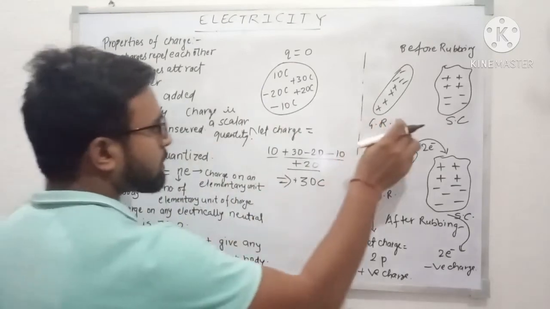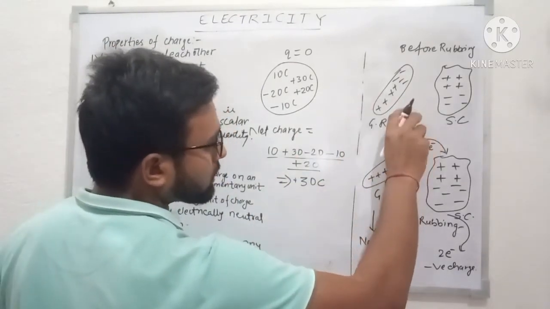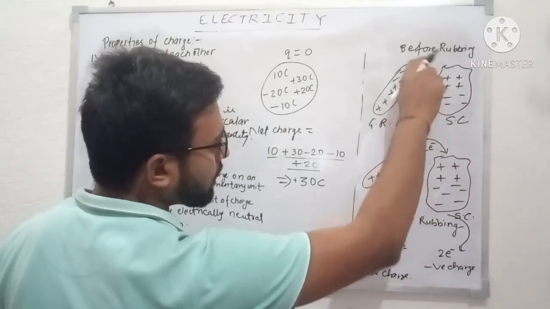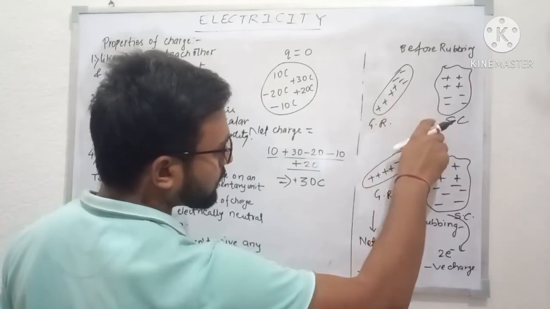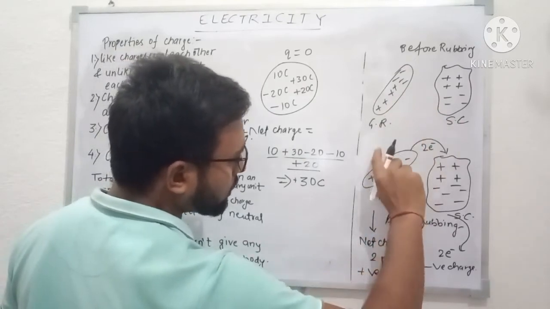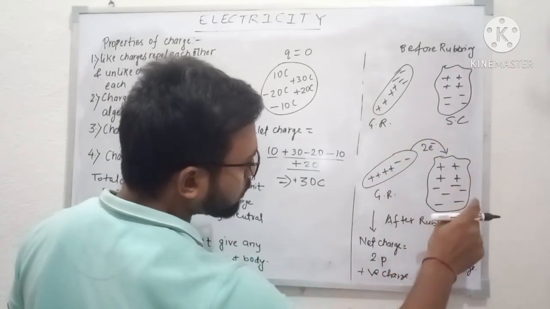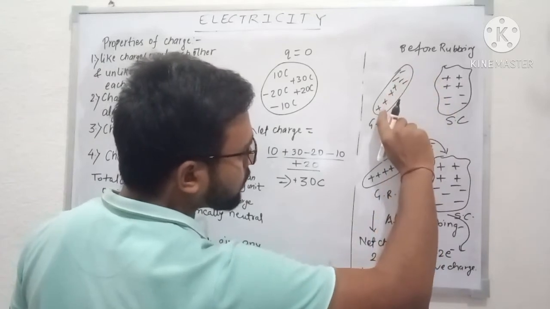Let us see this example. When the two bodies, glass rod and silk cloth, are initially electrically neutral before rubbing, and then the glass rod is rubbed with silk cloth, what happens? The glass rod loses electron to the silk cloth. See, before rubbing, what is the number of protons on the glass rod? 4.